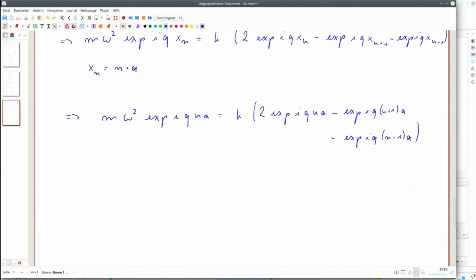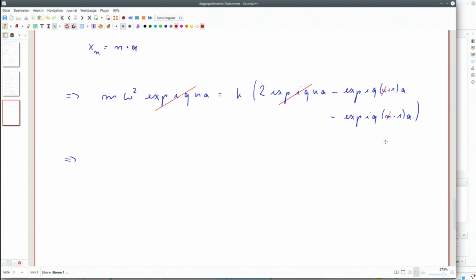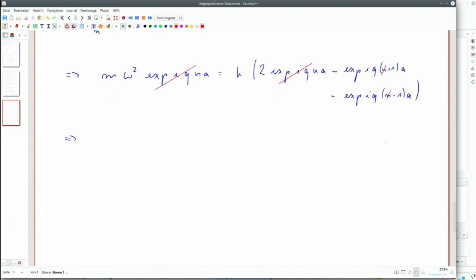And again, you see that we can cancel out many terms, this exponential IQNA. So, I do it as before here. Hope you understand later on what I did here.